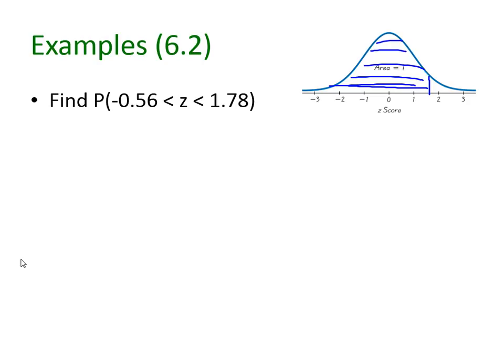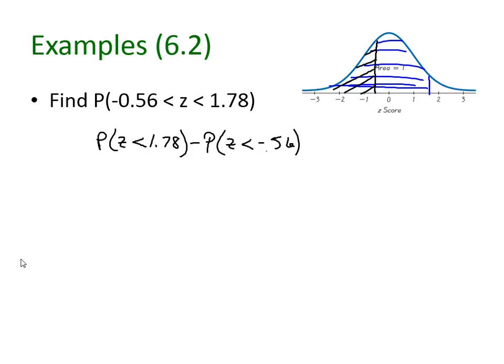But we want it to be more than that negative 0.56. But it's going to give me my area to the left over here. What I want to find is just this area that's between. So you have to subtract those values off. So you're going to find the probability that your z is less than the 1.78 minus the probability that your z is less than the negative 0.56.